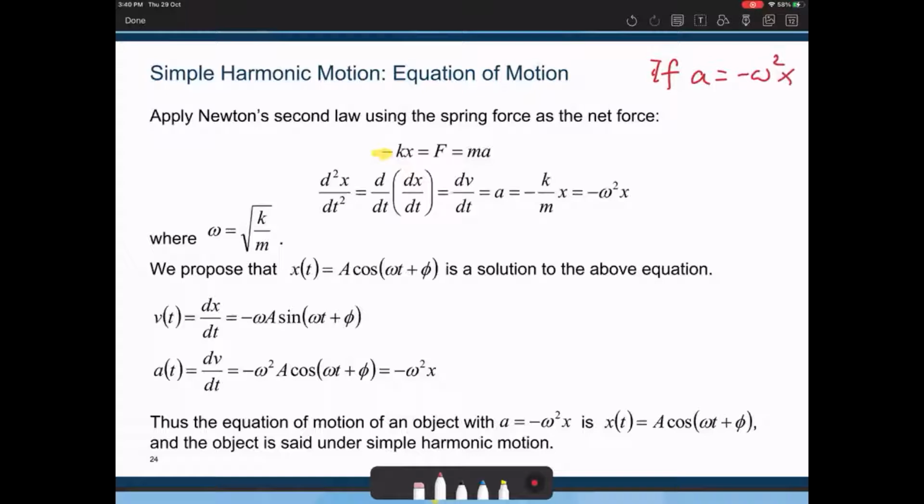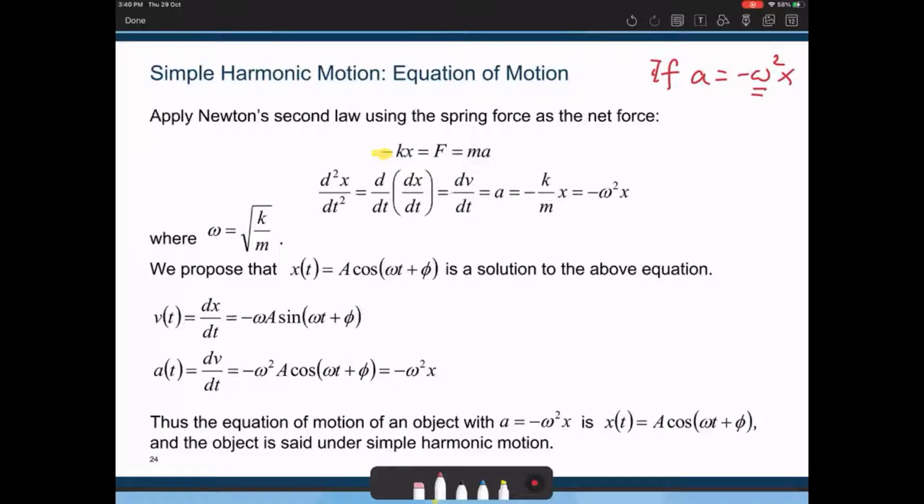Why do we use omega square? When you have a number that is real, say if omega is real and you have it squared, it is always positive. So you are having a positive number for omega square. And if a is equal to minus omega square x, then basically it would be performing a simple harmonic motion.